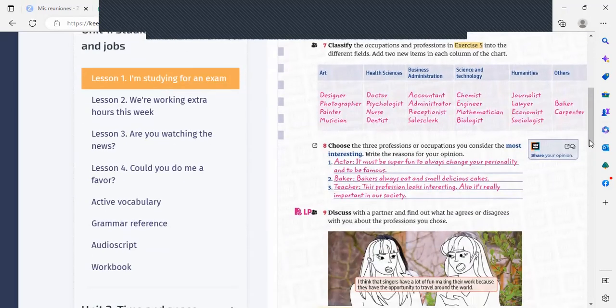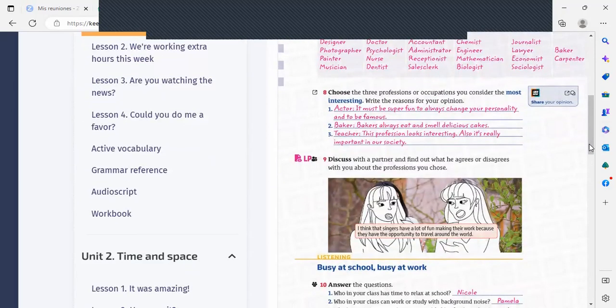There are different occupations, but now we're going to choose one of the professions that you either identify or consider interesting and write the professions. Why are they interesting? For example, Priscilla is a baker. Bakers always eat and smell delicious cakes. Is that true, Priscilla?